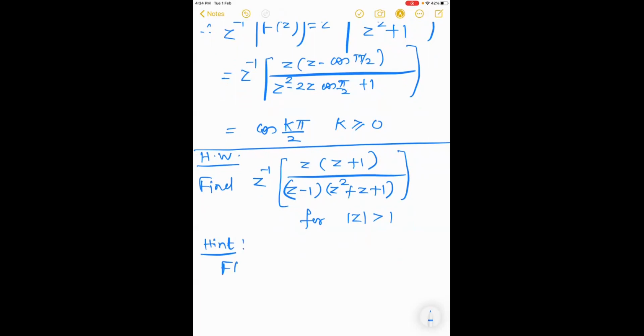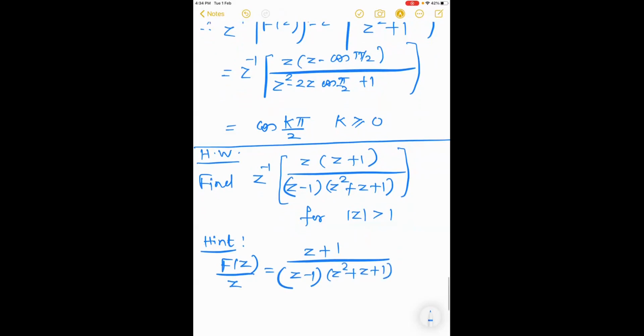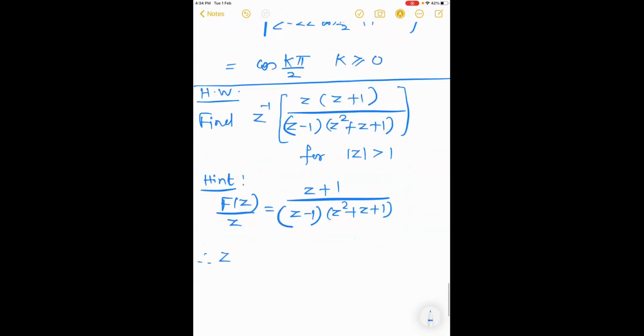F(z) upon z is equal to z plus 1 divided by z minus 1 into z square plus z plus 1. And therefore, this z plus 1 upon z minus 1 into z square plus z plus 1 can be written as, now first factor is a linear factor, so A upon z minus 1, and second factor is of course a quadratic factor, but which you cannot split into linear real factors.